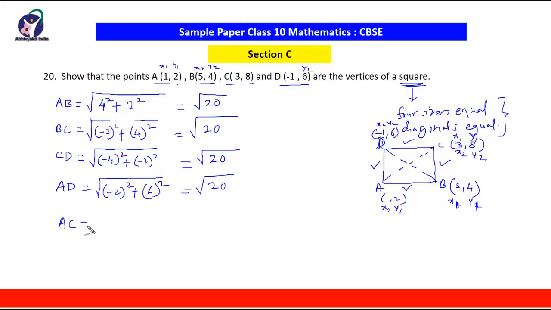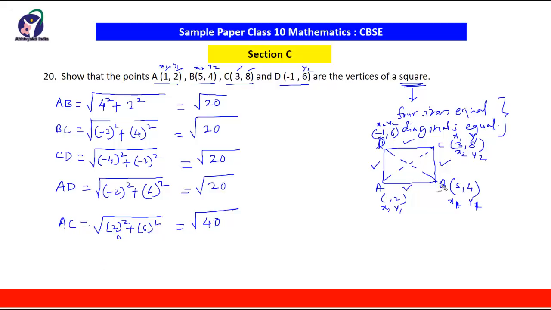So for the diagonal AC, we will find square root of (3 minus 1)², that is 2², plus (8 minus 2)², that will be 6², which is 4 plus 36, that is square root of 40.